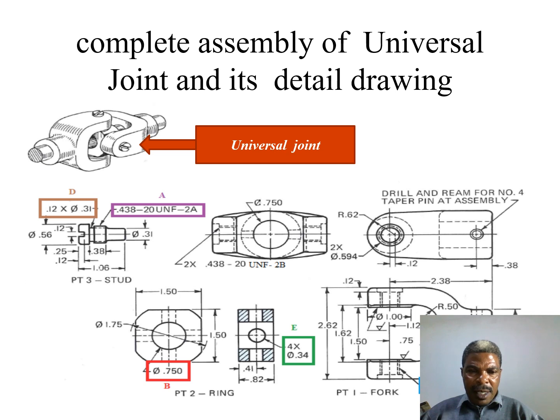So you can see it very clearly. The inner part of it is provided in terms of section. Yes, this is the hole with a diameter of 0.34. As you can see, how many holes are given there. So that is the detailed drawing.